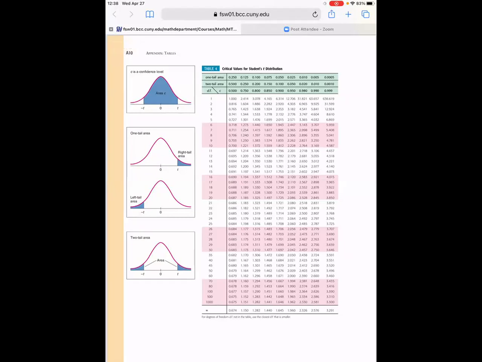The 0.75 next to 0.500. So forget about the first and the second rows, right? So you have this DF or degree of freedom. Oh yeah, there is a C. Yeah, I see it. Okay.